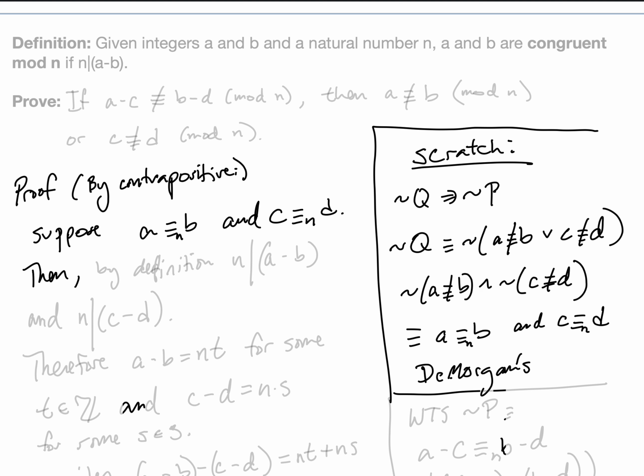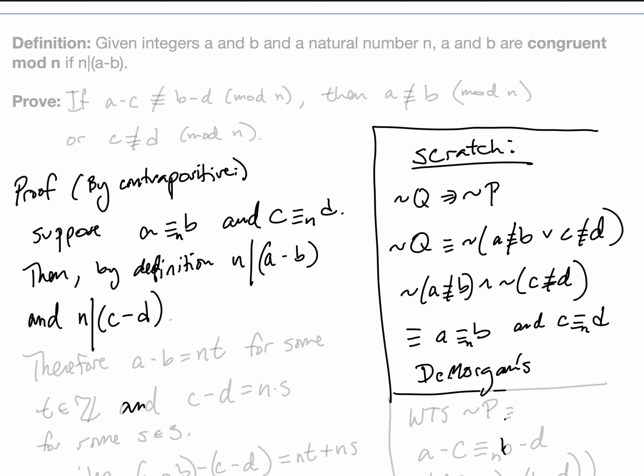Then, by definition, it is true that A minus B is divisible by n, or in other words, n divides A minus B, and n divides C minus D.